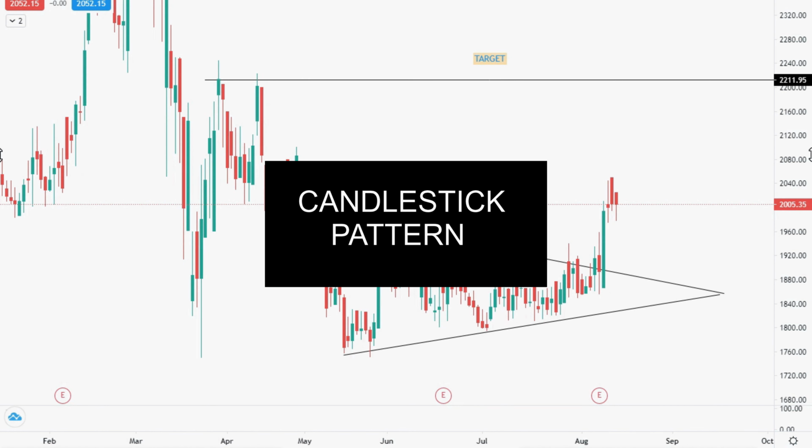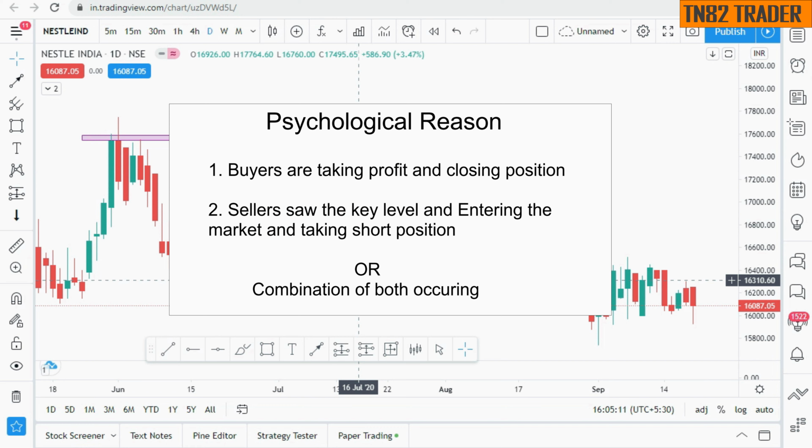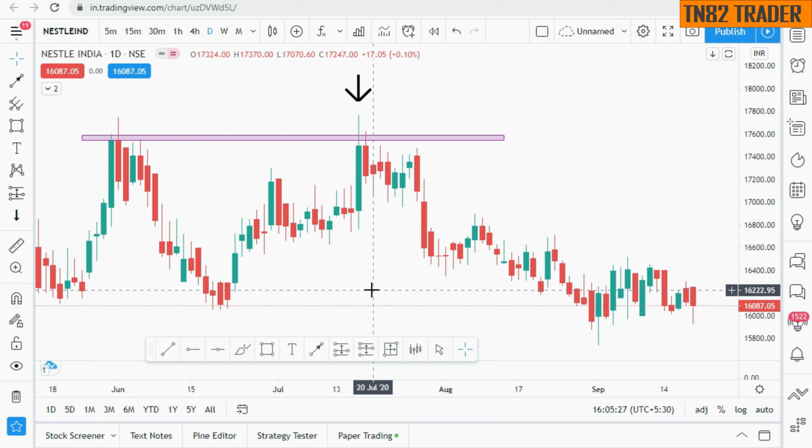There are two psychological reasons behind the long wick candle at the key level. One, the buyers are taking profit and closing their positions, or two, the sellers, seeing the key level, are entering the market and taking short positions, or a combination of both occurring, which results in the long wick candle.